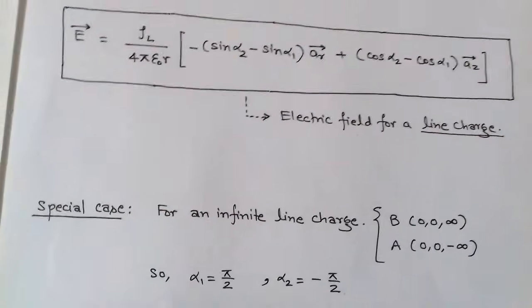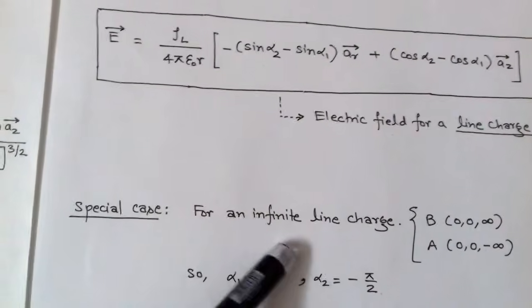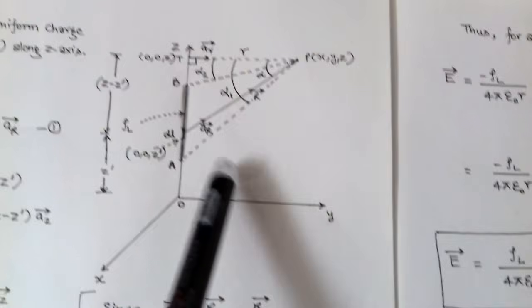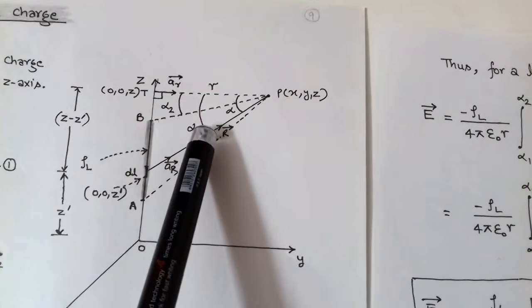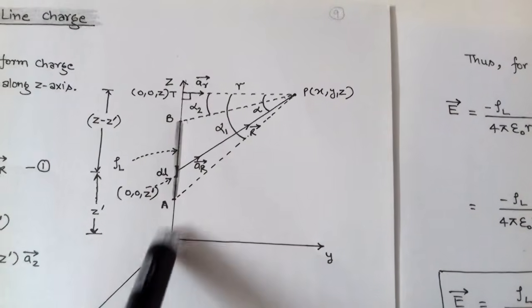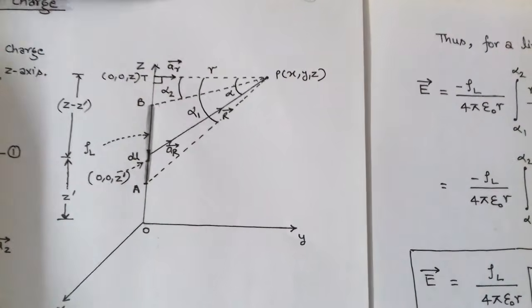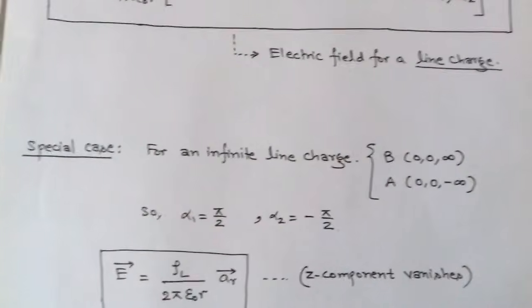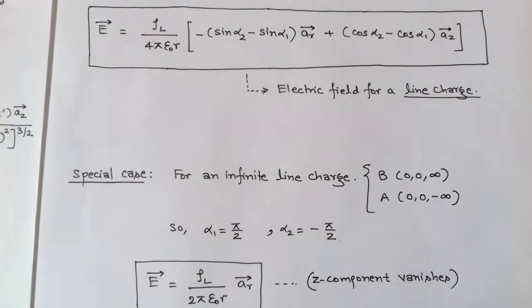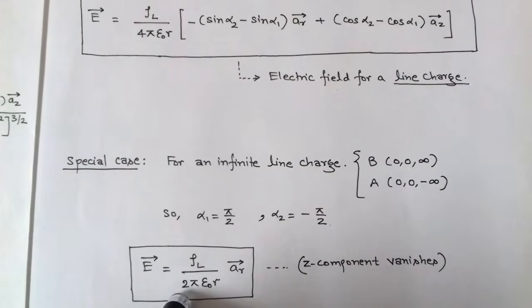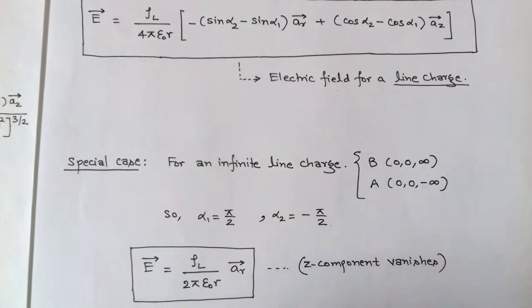So in this case the angle alpha 1 becomes 90 degrees, that is pi by 2, and alpha 2 becomes minus pi by 2. So after putting alpha 1 and alpha 2 in the above equation, we get the electric field intensity E equals rho L upon 2 pi epsilon naught r in the direction of r.